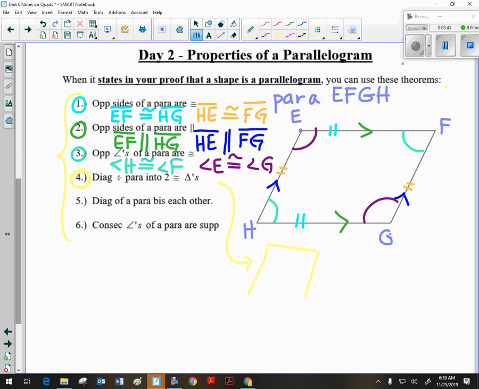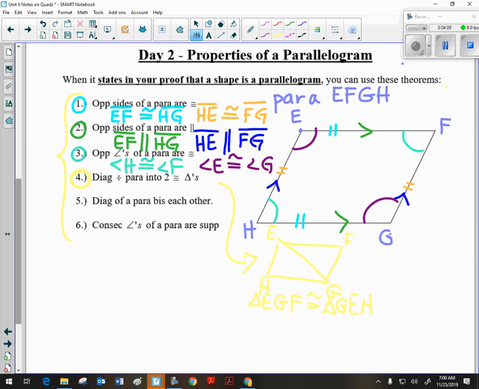So here's my parallelogram. I'm going to redraw it so you can see what's going on. And with my parallelogram, E, F, G, H, I could draw a diagonal in this way, and that would give me 2 congruent triangles. I would have triangle EGF congruent to triangle GEH.